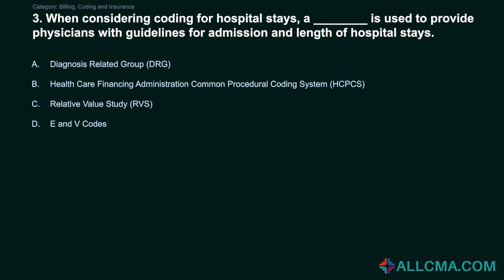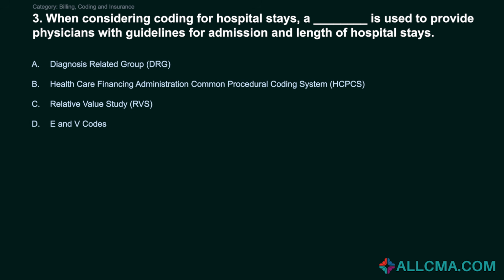3. When considering coding for hospital stays, a blank is used to provide physicians with guidelines for admission and length of hospital stays. A. Diagnosis-related group, DRG. B. Healthcare Financing Administration Common Procedural Coding System, HCPCS. C. Relative Value Study, RVS.